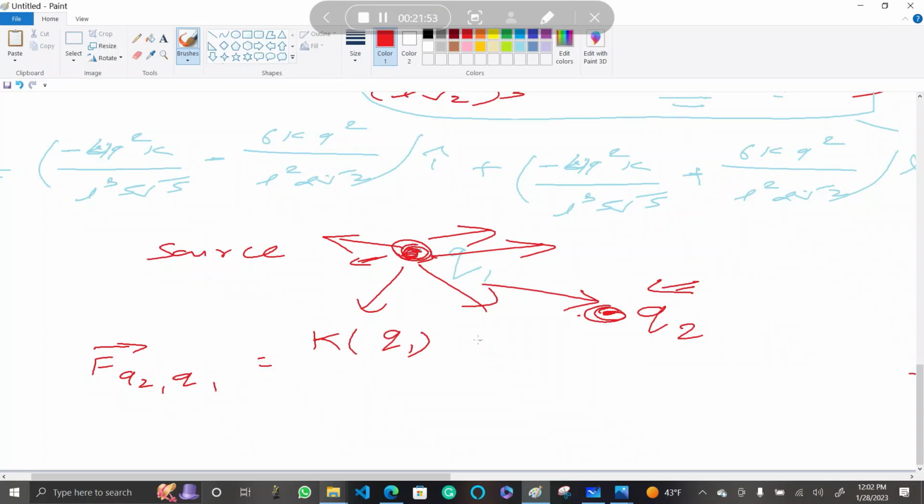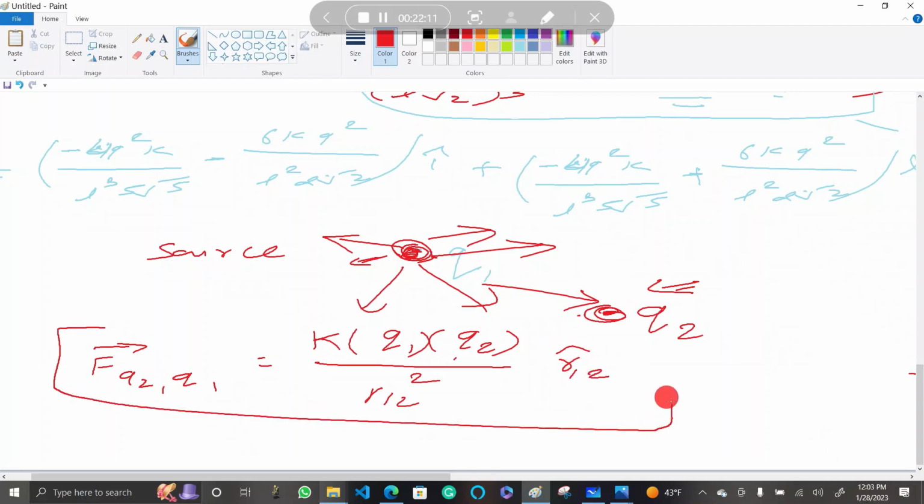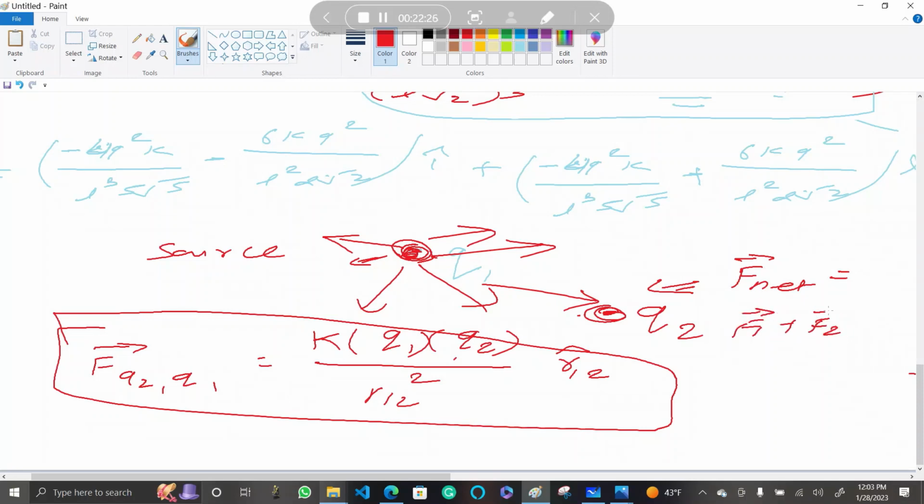So the force on the charge Q2 because of Q1 is equal to, always you have to take care of the distance and the direction. Direction is always away from the point charge. How we calculate it is K, source charge, the destination charge where you want to find the electric force, divided by the magnitude of the distance between them, and the direction is always from first charge to second charge.